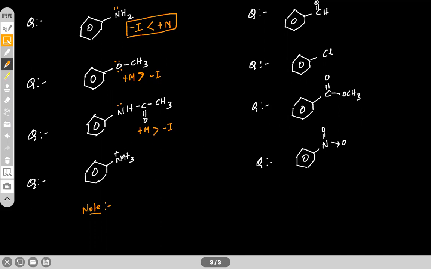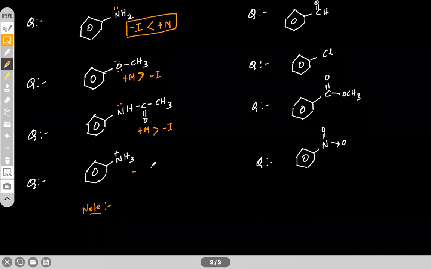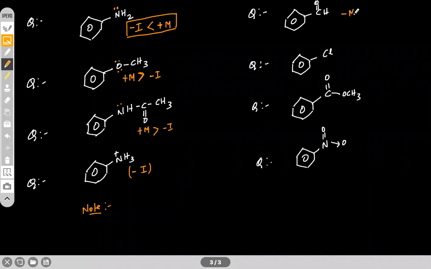Anyways, here you see nitrogen has a positive charge. There is no lone pair on nitrogen, so it won't show plus M or minus M, but it shows only the minus I effect. Only minus I is possible here. Okay, this one will show, we have a double bond between the first and second atom, so it shows minus M only.